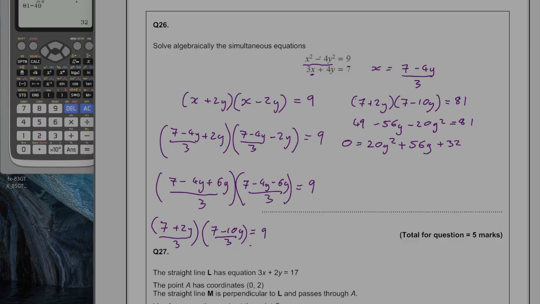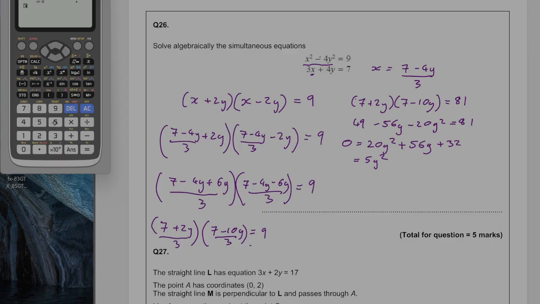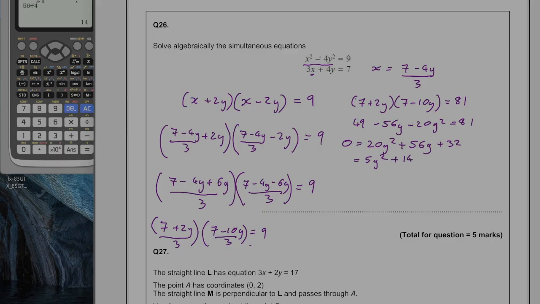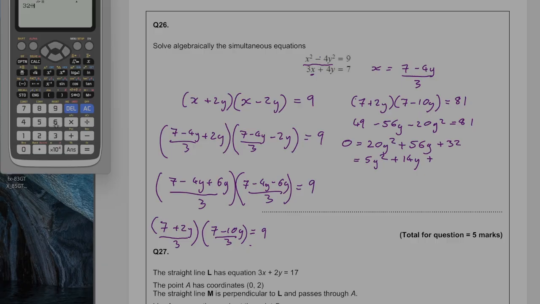I'm going to think to myself, these all appear to have 4 in common. So if I divide through by 4, 20 divided by 4 is going to give me 5y squared. 56 divided by 4 is going to give me 14y, and then 32 divided by 4 is going to give me 8.